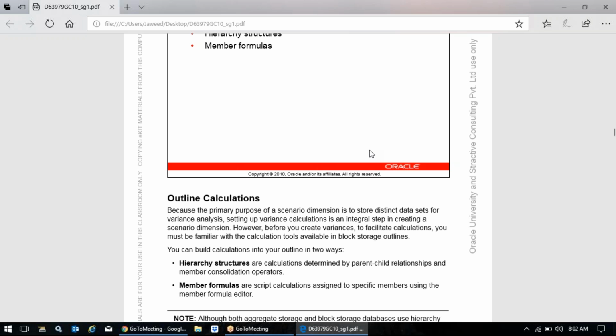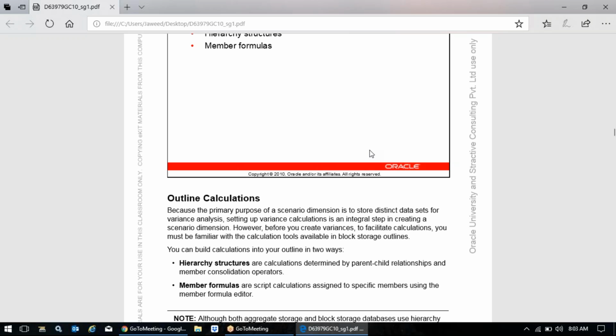So how do you do that? By writing an expression, and then the value is moved into the opening balance. That's a member formula. It's not just a plus or minus. You add a formula.